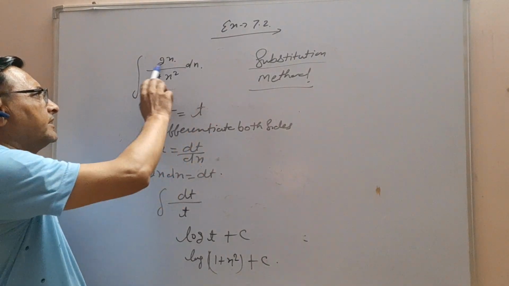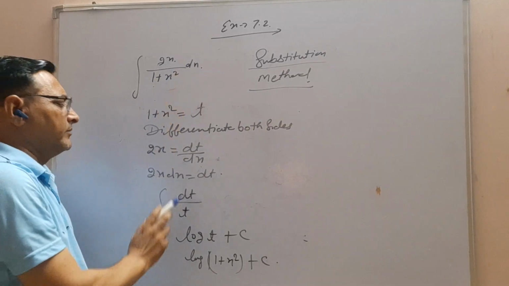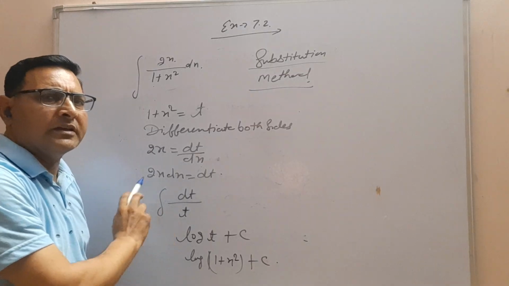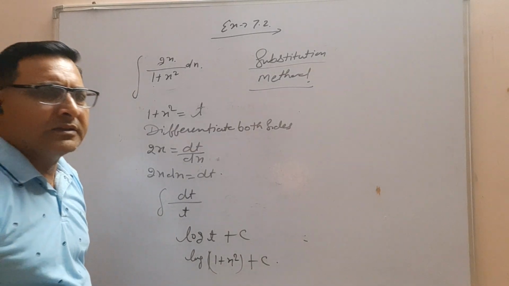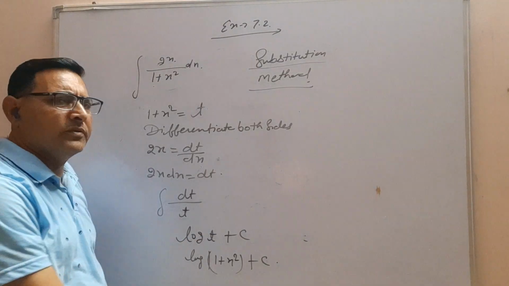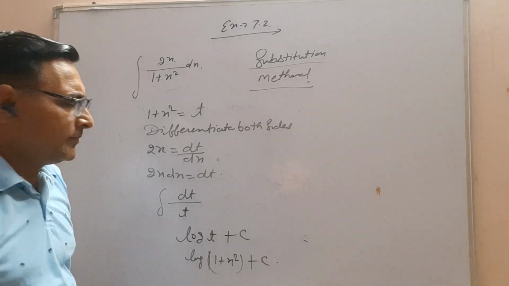And here we get 2x dx is equal to dt. Numerator will become dt and in the denominator it will be t. If in the denominator there is a linear function, then its integration will be log of that function, means log of t plus c.